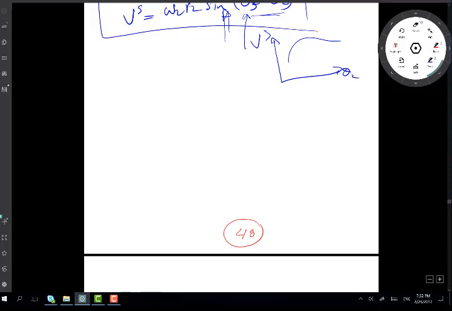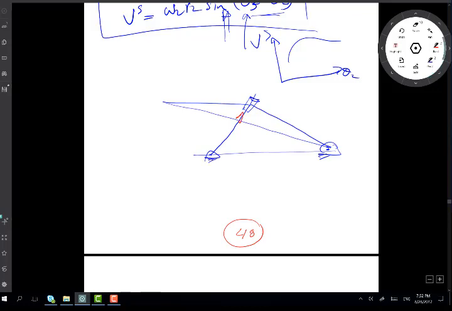I remember it was something like that over here. And then there was a slider of some sort headed here, which represented the hydraulic cylinder. The hydraulic cylinder was here. Then I have some force acting over here.